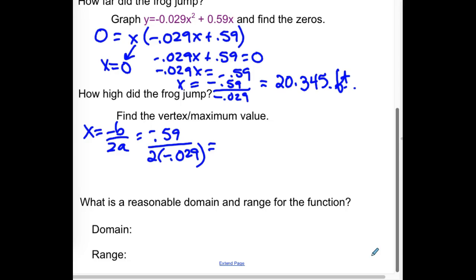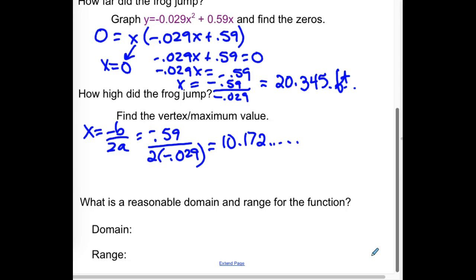We were at 20 point something, right? Now we're at what? It's not 10.0, 10 point. Give me the decimals.